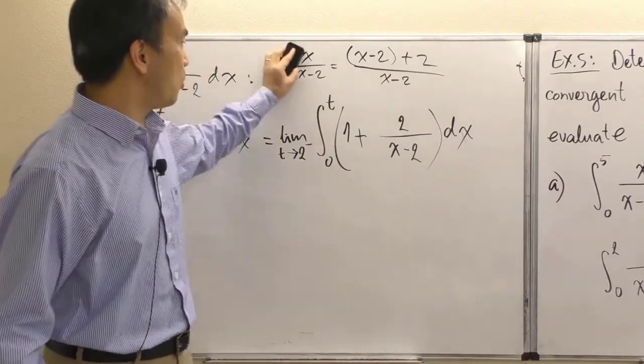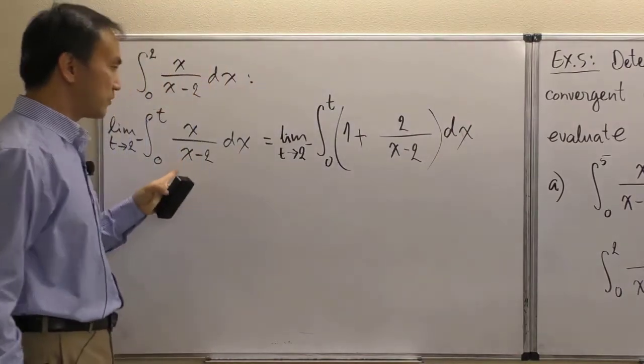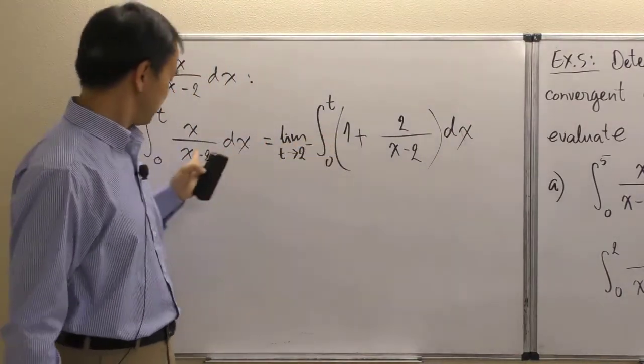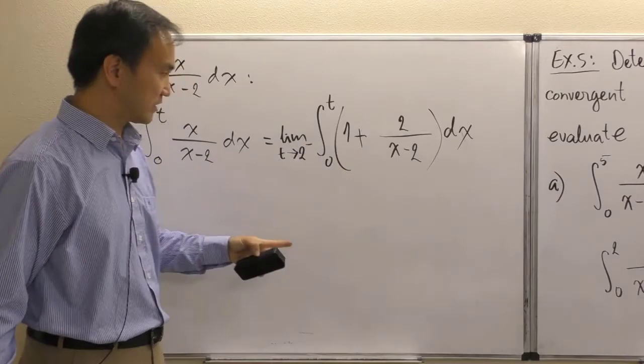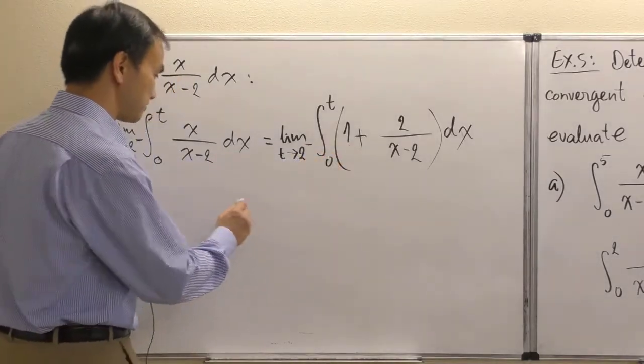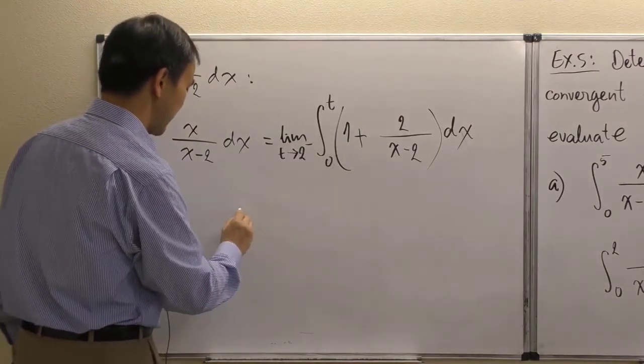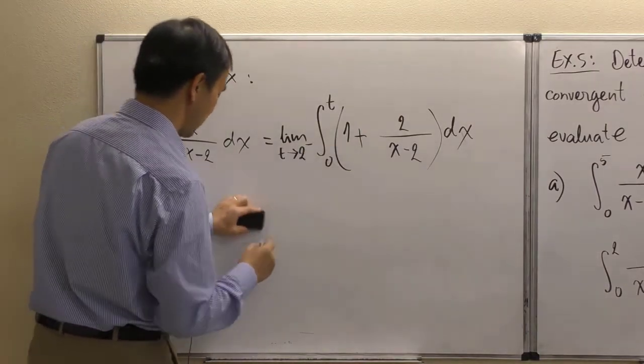But now once I have algebraically rewritten my function into that form with the two terms, then that first term is easy. As far as taking the antiderivative, that first term is now an x.